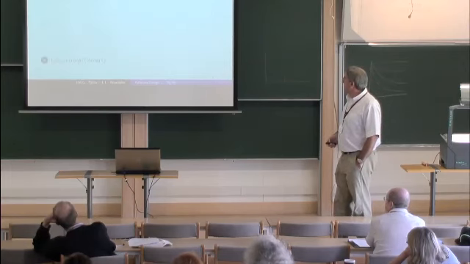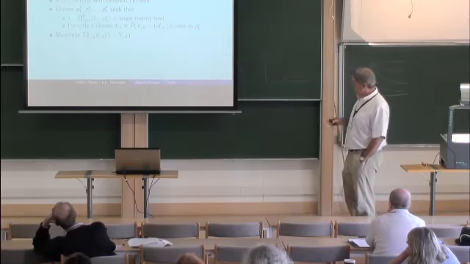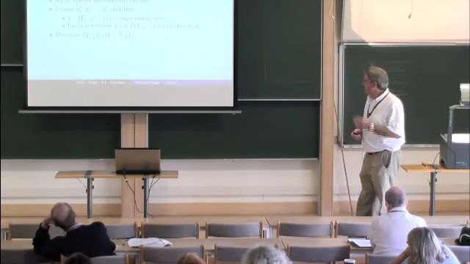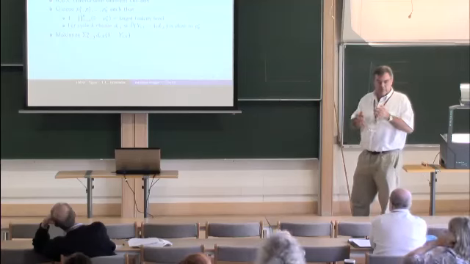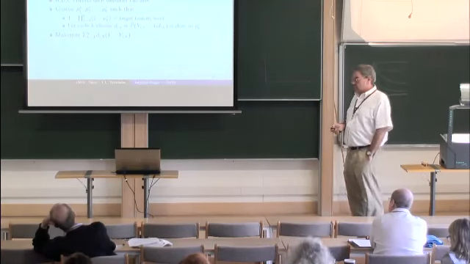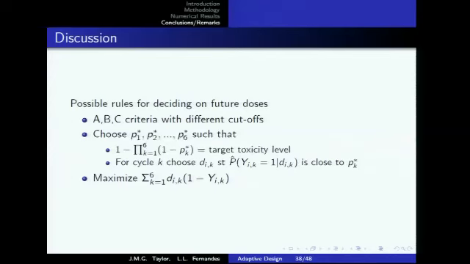All right, so a number of talking points, if you like, or conclusions. As I described, these criteria for choosing the next dose, those calculations of probabilities A, B, C, you could modify that a little bit and think about different levels of toxicity which might be acceptable on the different cycles.